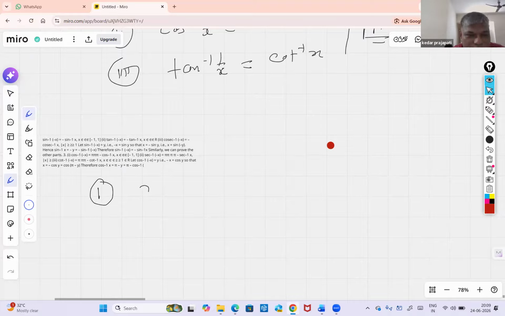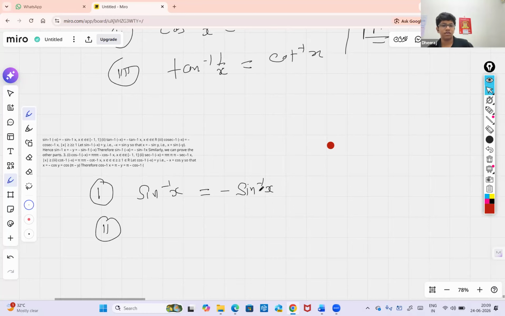First one is sine inverse x. Sine inverse minus x is equal to minus sine inverse x.